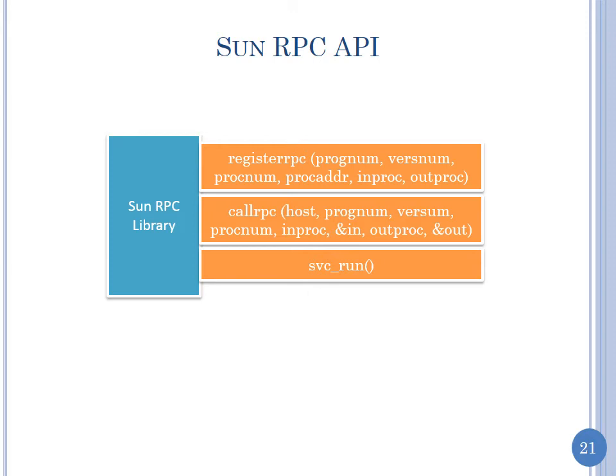So there's a Sun RPC library with these calls, and you can see now what these calls expect. Register RPC is a call that is made at the call site, which says, here's a program number, here's a version number.